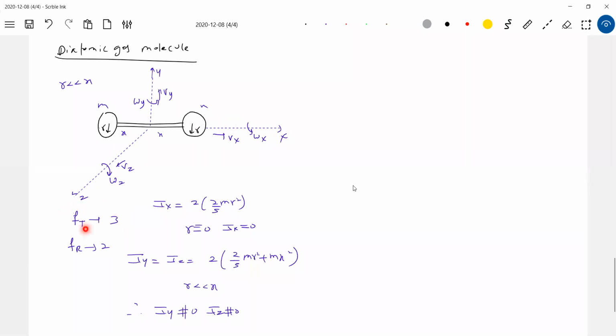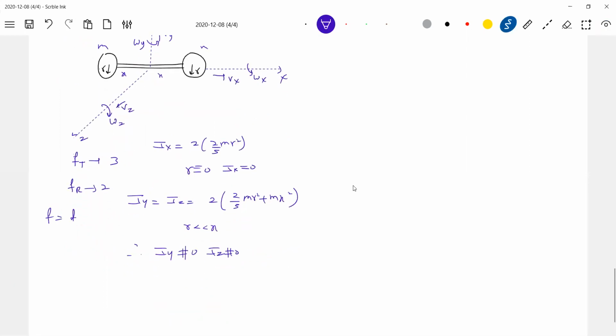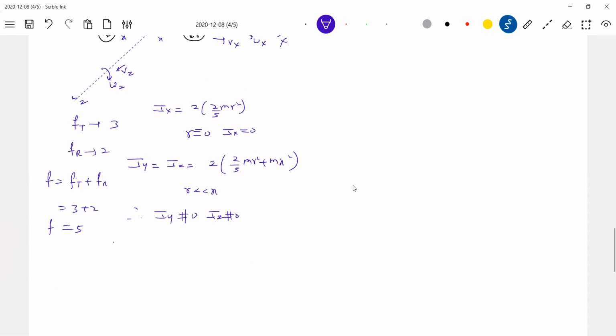So 3 degrees of freedom due to translational, 2 degrees of freedom due to rotational. So how many degrees of freedom are there? So therefore 3 plus 2. So a diatomic gas molecule, how many degrees of freedom will it have? 5 degrees of freedom.